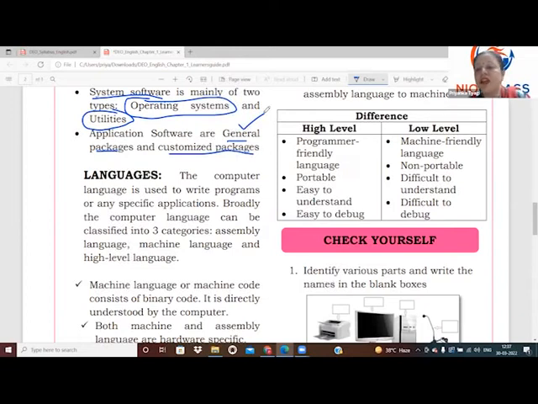These kinds of software are very famous nowadays to handle database work. If we want to make a presentation in soft copy, we have presentation software like PowerPoint.